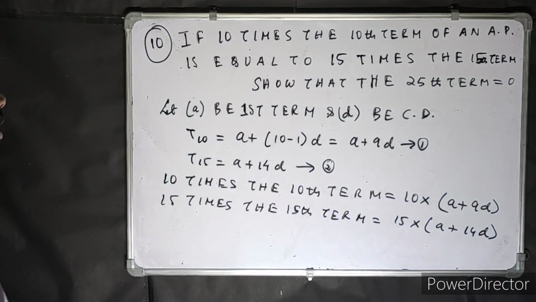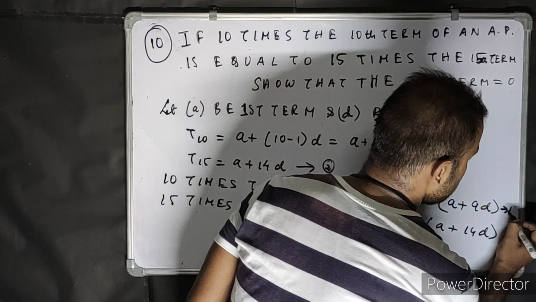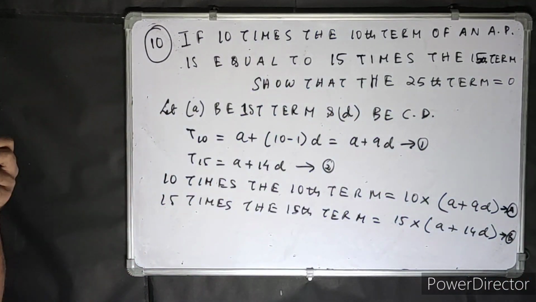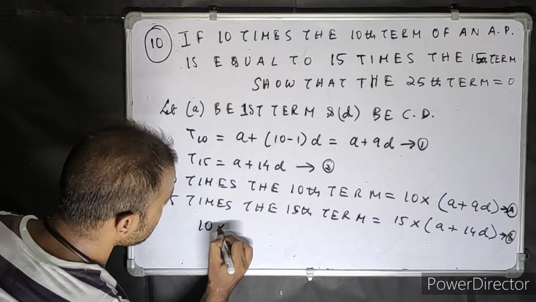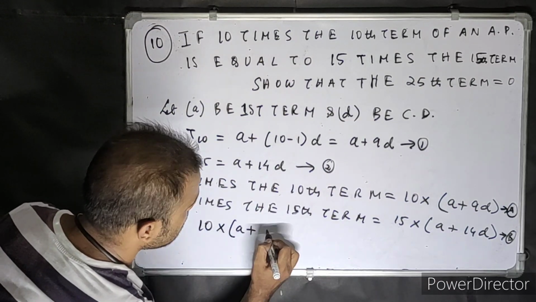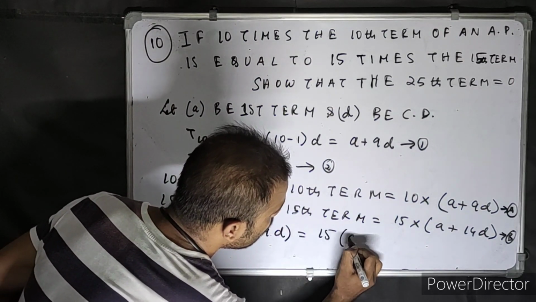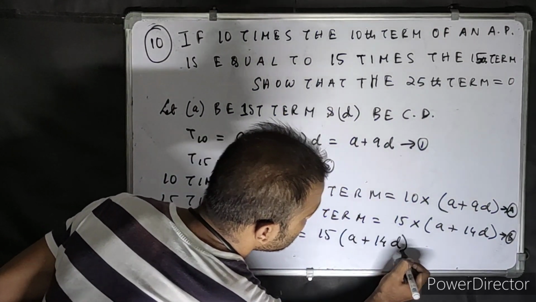Both of them are equal. So let's write 10 into A plus 9D is equal to 15 into A plus 14D.